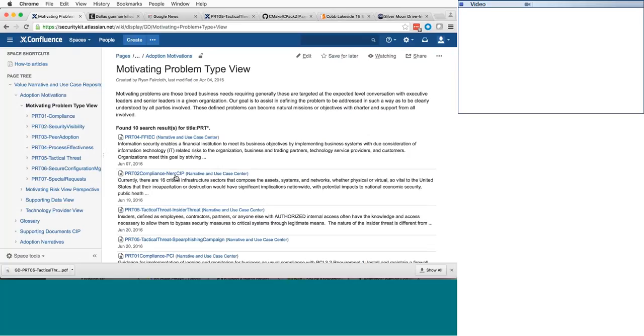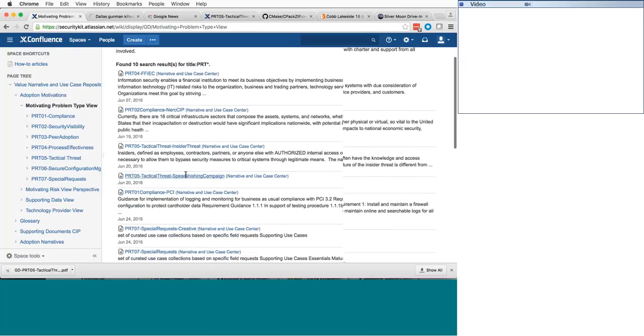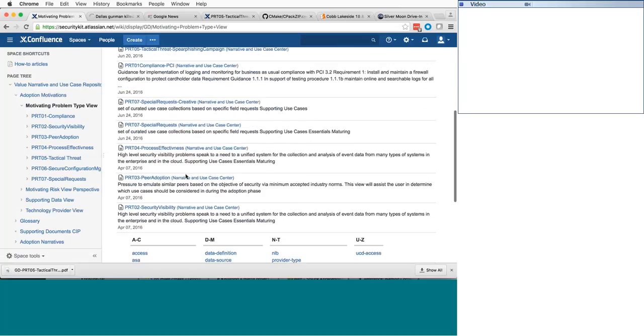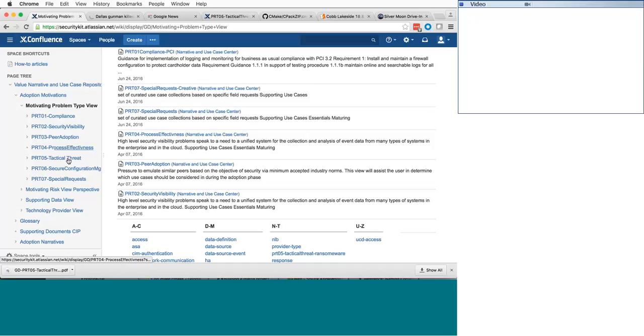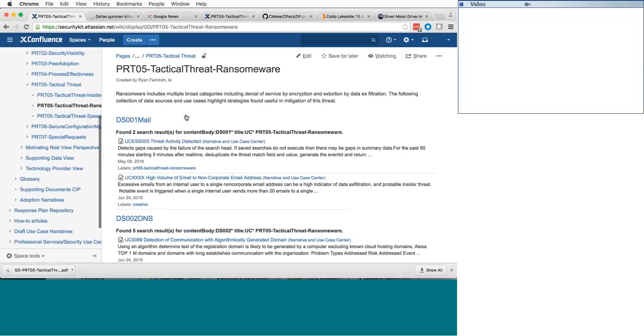That could be, for example, addressing the FFIEC in the United States, or NERC, which is nuclear energy regulations. Or it could be more broad, like, for example, the ransomware threat or menace that we're currently struggling with.